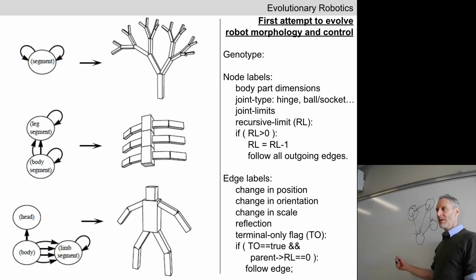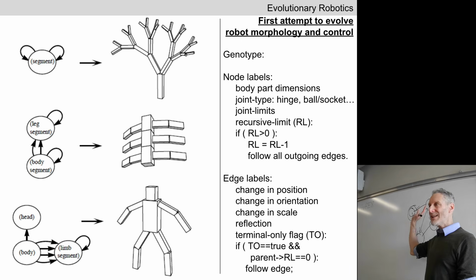HyperNEAT paints patterns in 2D space, 3D space, higher dimensional space. The way in which that evolutionary algorithm was built, it doesn't paint random patterns into spaces of various dimension. It tends to produce things that have symmetry and repetition and so on. This algorithm also tends to bias evolution towards phenotypes that have reflections and symmetries, as you can see here.